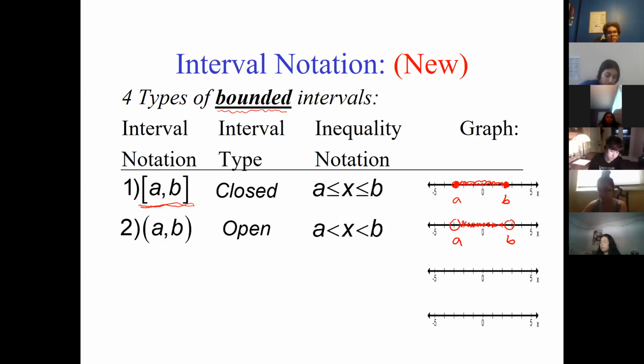So parentheses means open, because we could get close to this value but never get there. If B is 3, you could go 2.9, 2.99, 2.999, 2.9999999. So that's why we say it's open. You can never get to B.